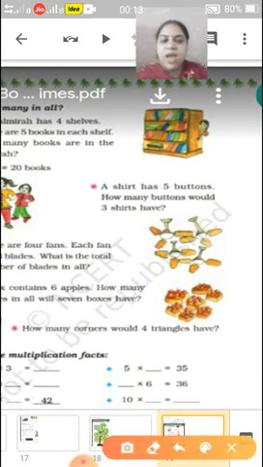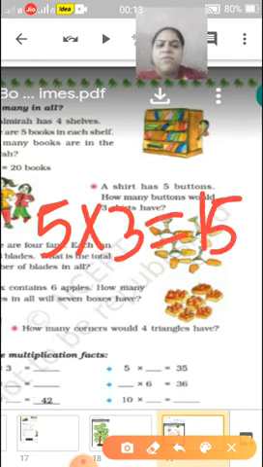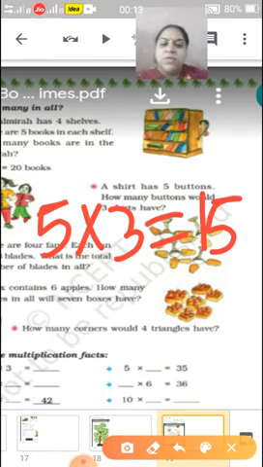A shirt has 5 buttons. How many buttons would 3 shirts have? So children, in this you will do 5 times of 3. It means 15. 15 buttons in 3 shirts.